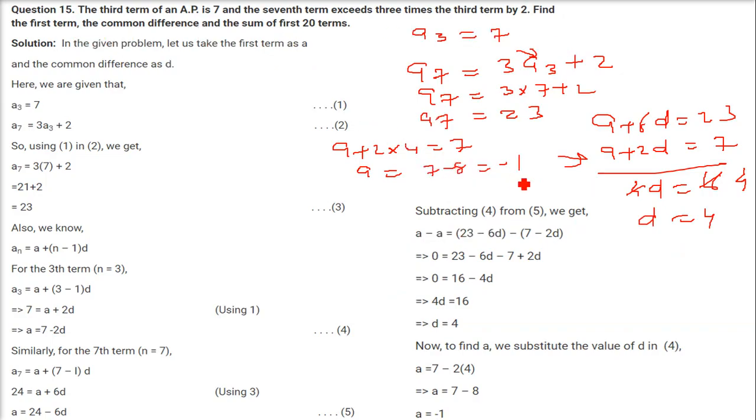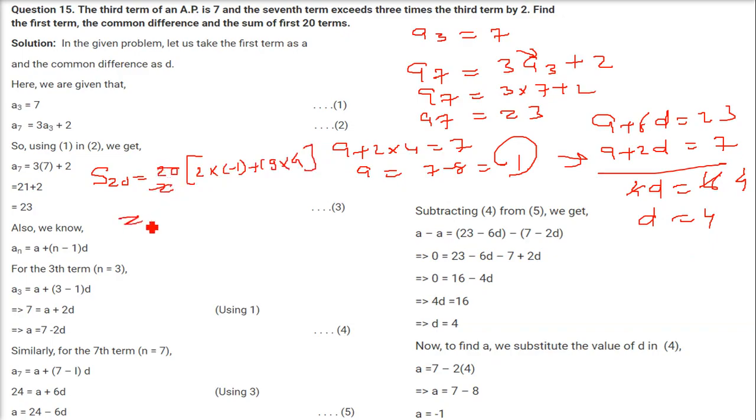So find the first term. First term we have got, common difference also we got, and now the sum of first 20 terms. S20 will be n by 2, 20 by 2, into 2a, that is 2 into minus 1, plus n minus 1, that is 20 minus 1, 19 into d. What is d? It's 4.